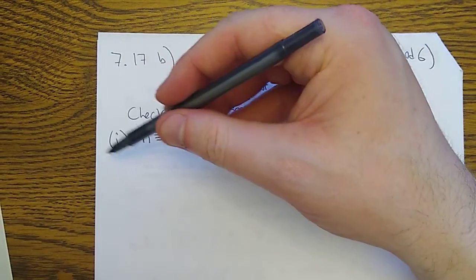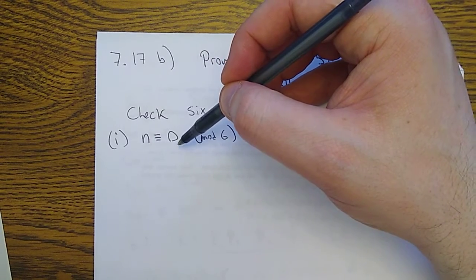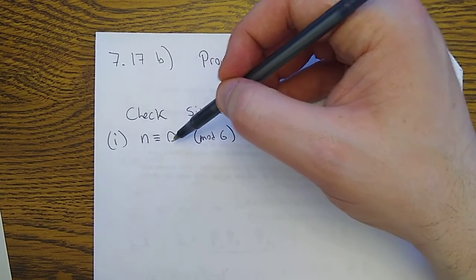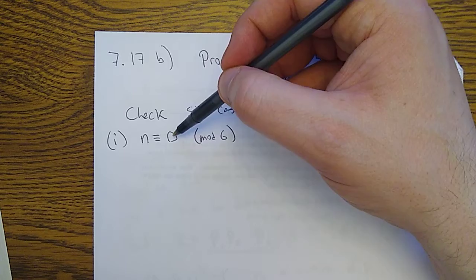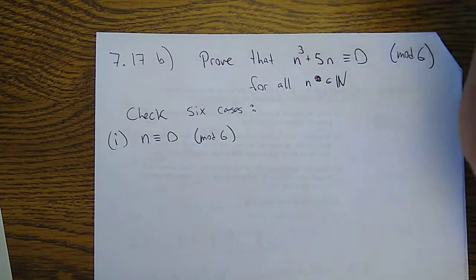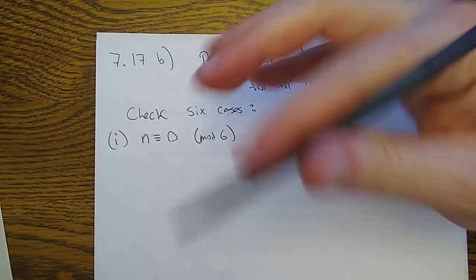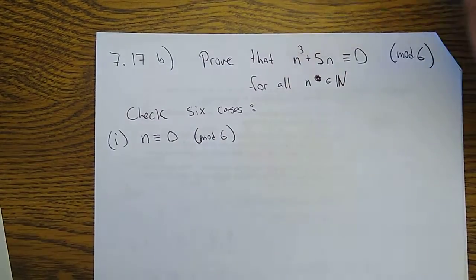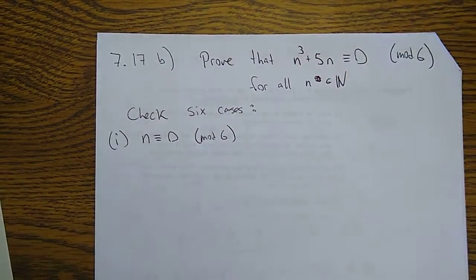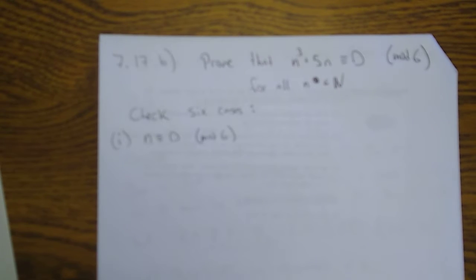And I can tell you what the other cases are going to be. n could be congruent to 1, or 2, or 3, or 4, or 5. That's all the possibilities. Every natural number n is congruent to something from 0 to 5 mod 6. And that's what we call the remainder, whatever the remainder is of n divided by 6. It's got to be one of the numbers from 0 to 5. And we're just going to run through all the cases.